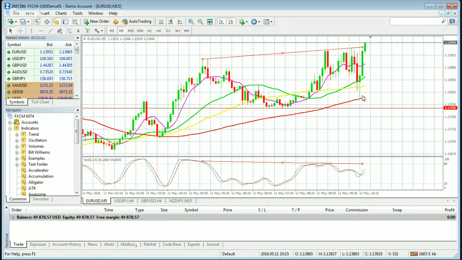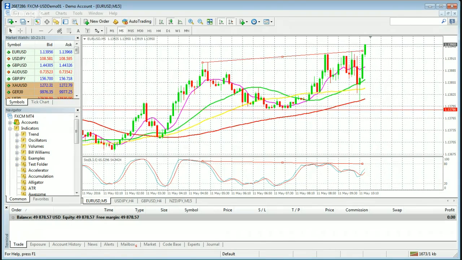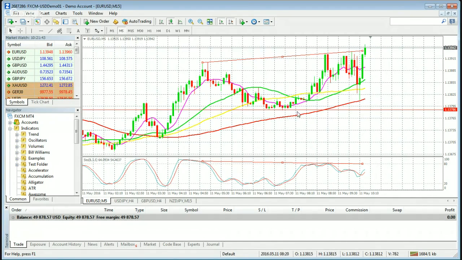Quiet for now. It bounced right off of that level of the moving average. It's always extremely interesting to see how all these levels come into play.